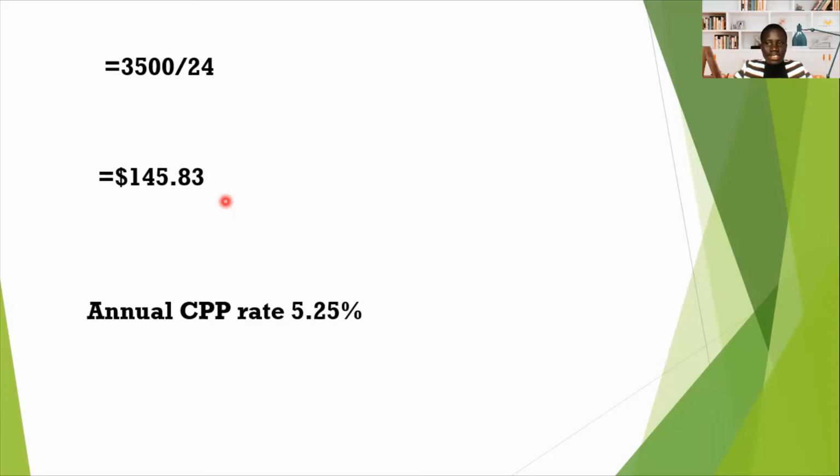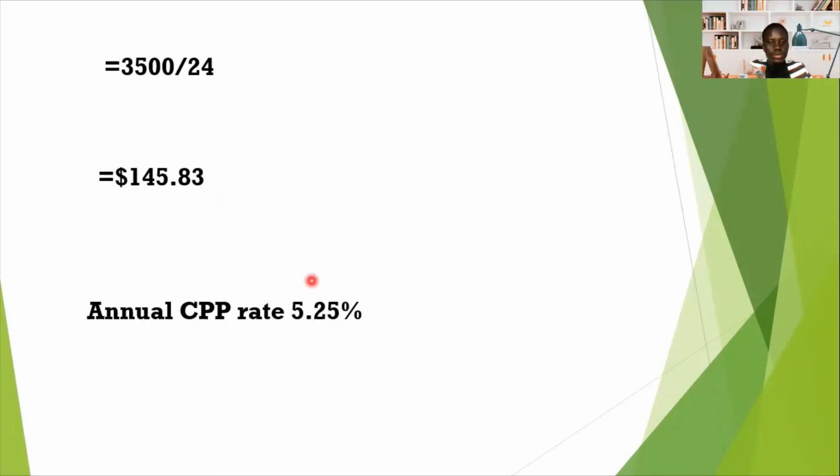The next step is, what is the annual CPP rate for this employee? There are important concepts here. When you're reading the question, ask yourself, is this employee living in Quebec or another part of the country? If it's another part of the country, you're doing CPP. If it's in Quebec, you're doing QPP. Now we are dealing with someone in Quebec.